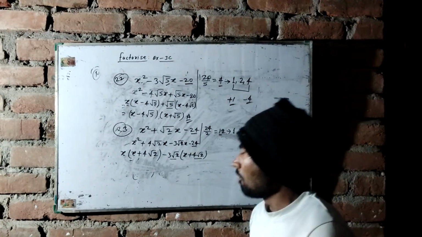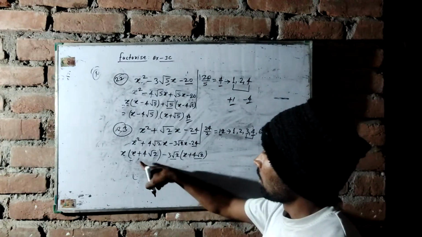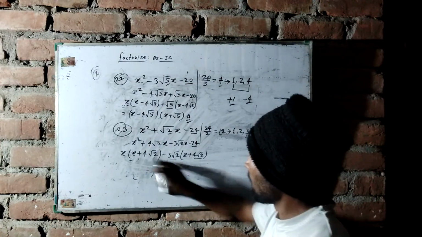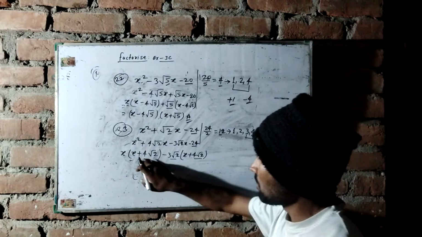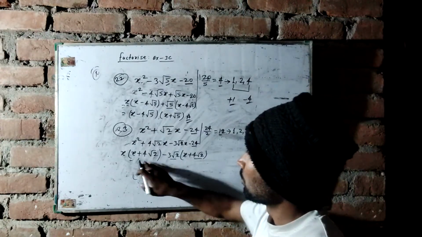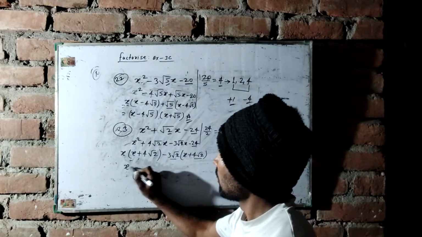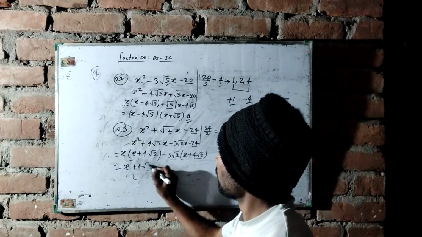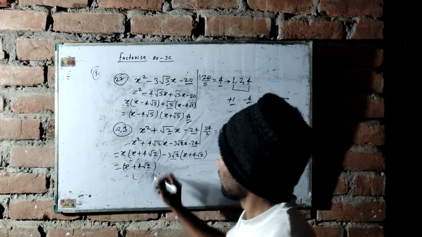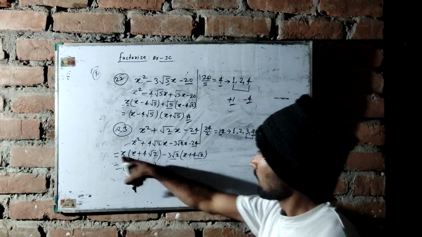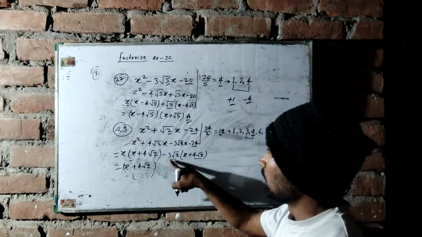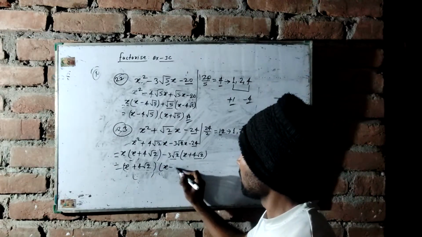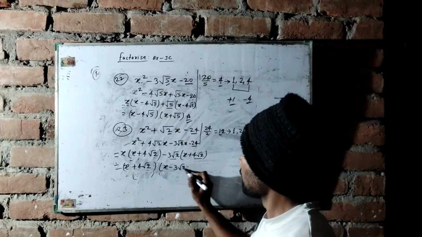So now we can see x plus 4 under root 2 and x plus 4 under root 2 are present in both terms. So we can take x plus 4 under root 2 as a common, and we can write x minus 3 under root 2 as a multiple.